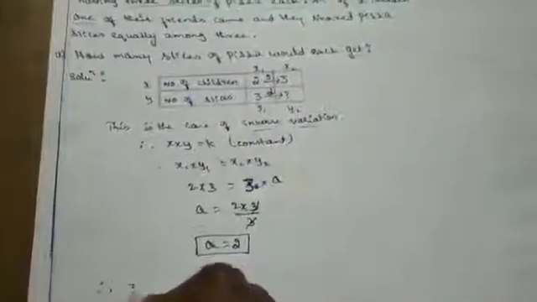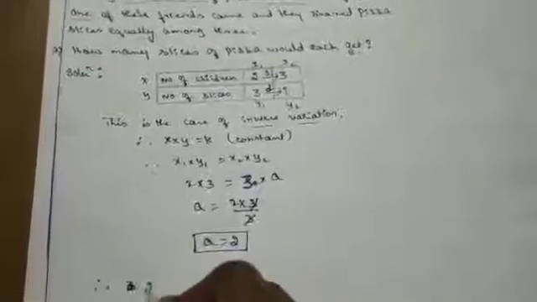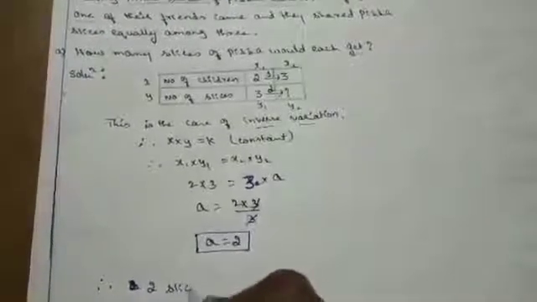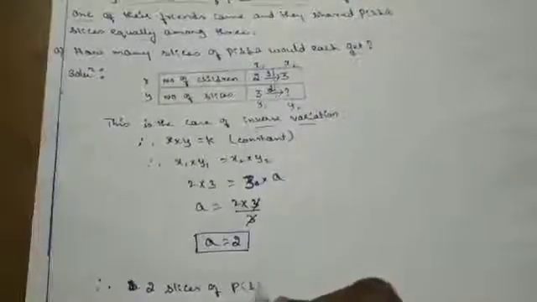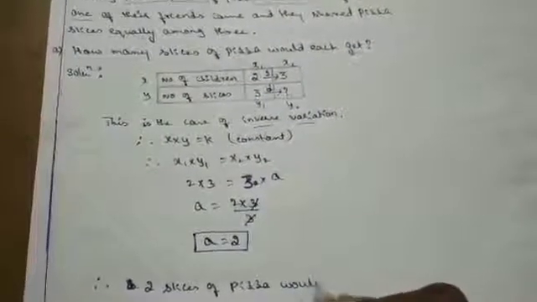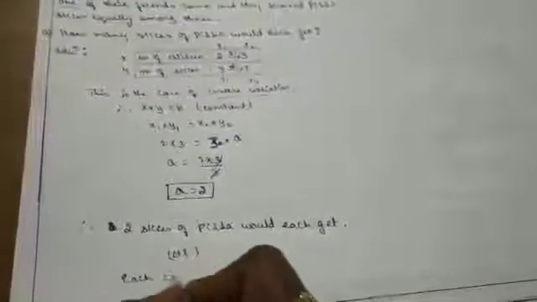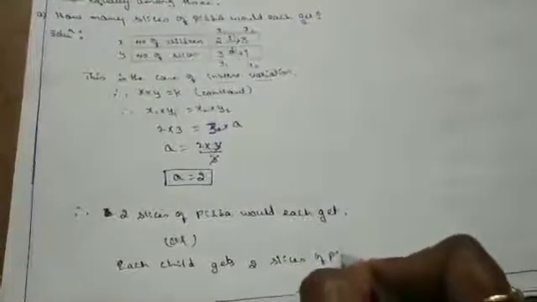Therefore, 2 slices of pizza would each get, or you can write it as each child will get 2 slices of pizza, or the end statement can be written as each child gets 2 slices of pizza. You can even write the end statement in this way.